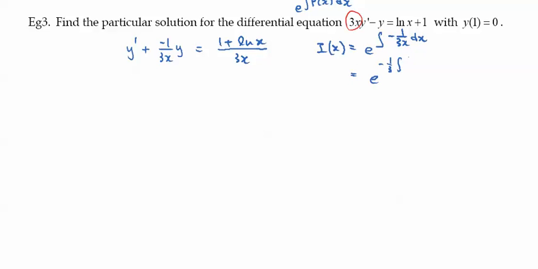And that -1/3 is a constant. As I take it out and integrate this, that will give us ln x. E to the -1/3 ln x. And using the property of logarithm, this part goes to the exponent. And as you have base e and ln, this whole thing will simplify to this.